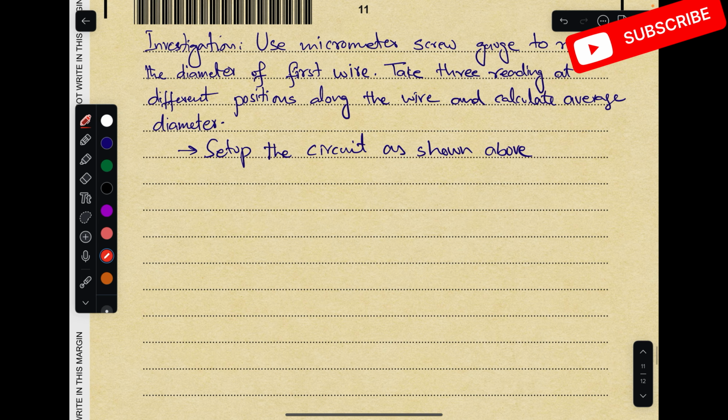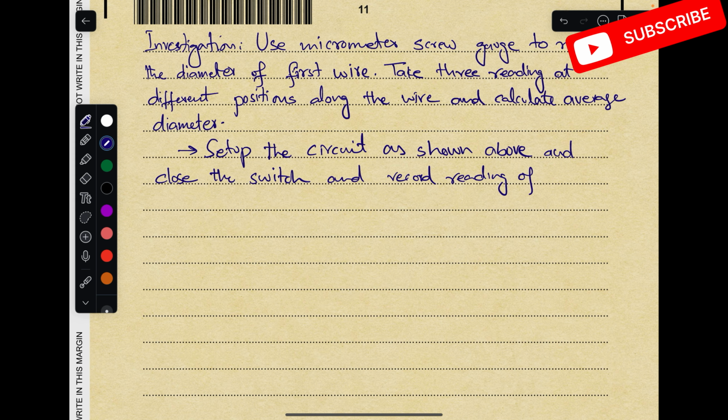So set up the circuit as shown above and close the switch and record the reading of the voltmeter and ammeter. You get 2 marks.